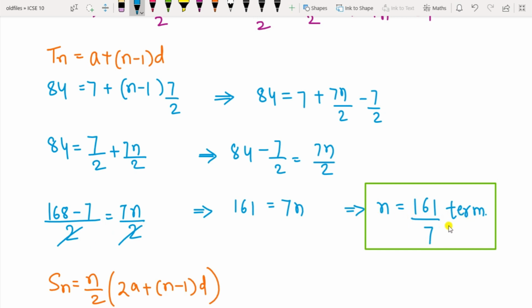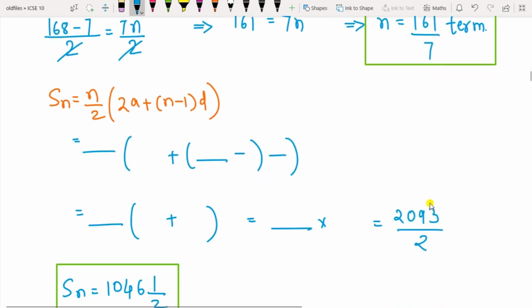Right, now apply the formula for the sum of the terms, that is Sn equal to n by 2, 2a plus n minus 1 d. So here n is 161 by 7, 2 into a is here 7, n is 161 by 7 minus 1, and d is 7 by 2.